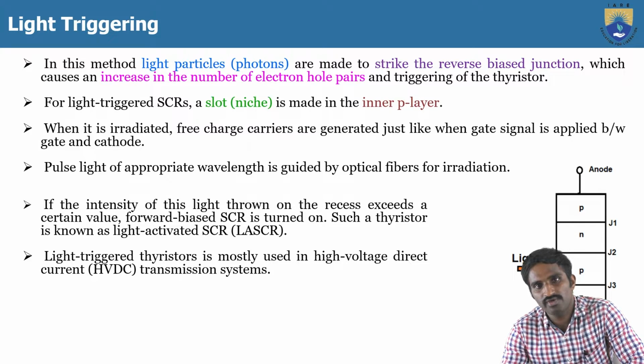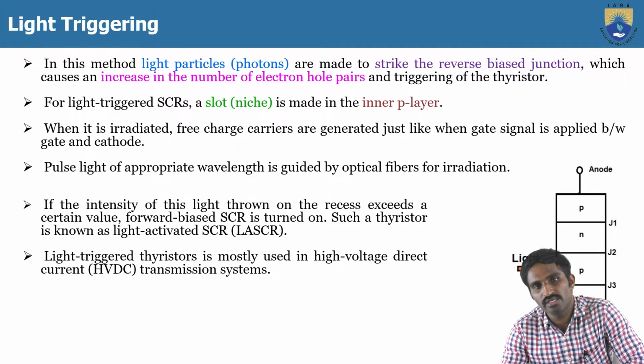of course, in the various ways we are just causing breakdown of the junction J2 to allow current to flow from anode to cathode. That is by increasing the forward biased voltage.